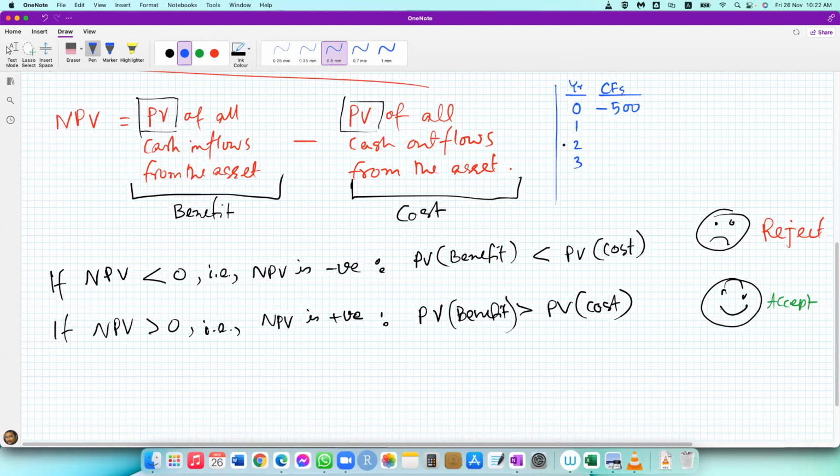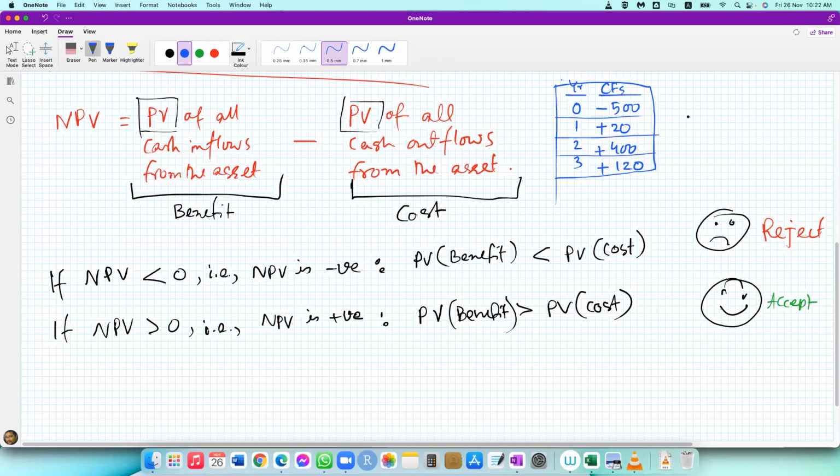The company cash is being deducted because you have to buy the asset. And then from the asset in year 1, 2, and 3, you will receive this kind of cash flow: plus 20, plus 400, plus 100, 120. This will happen during the 3-year life of the project.